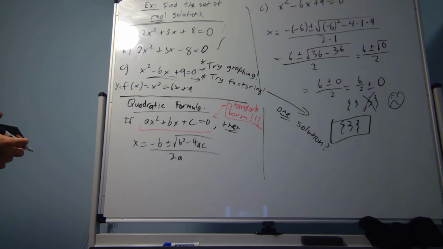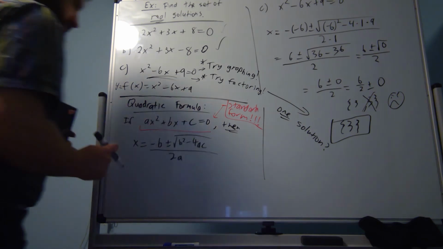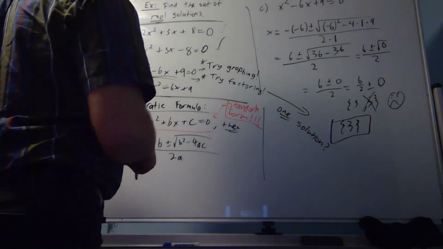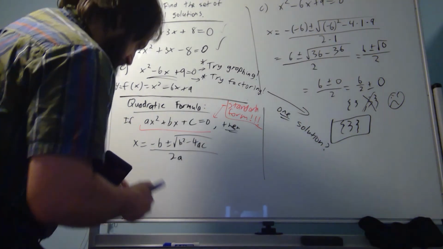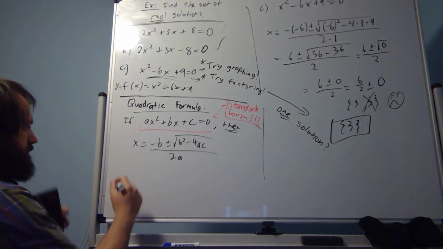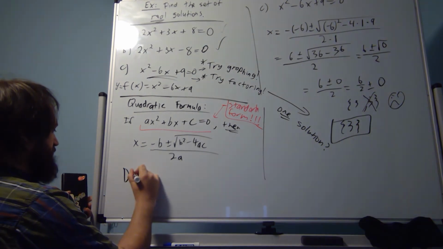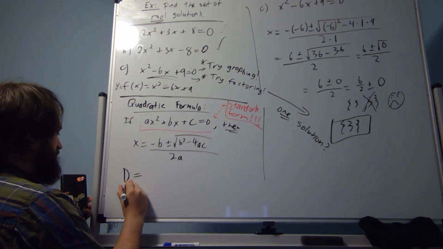But at any rate, what I want to talk about next is the discriminant. So I can do that right here. Usually they call it capital D for discriminant.